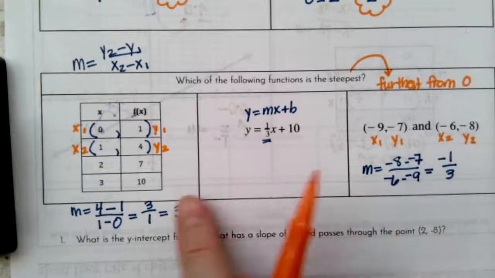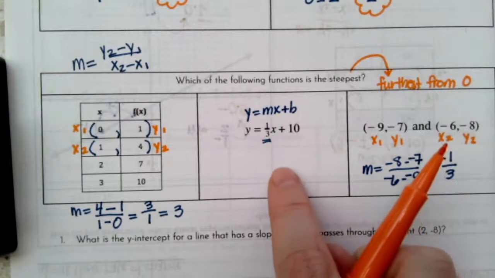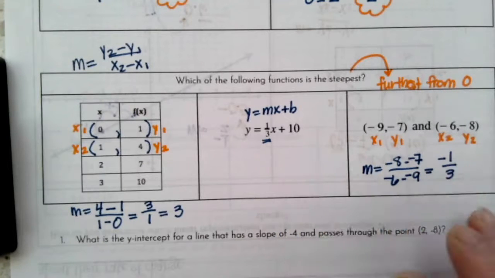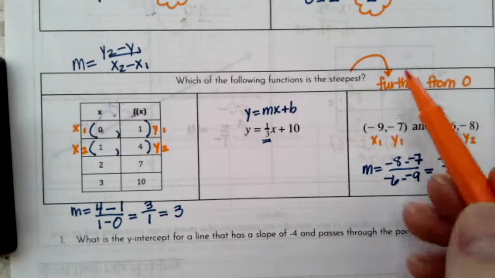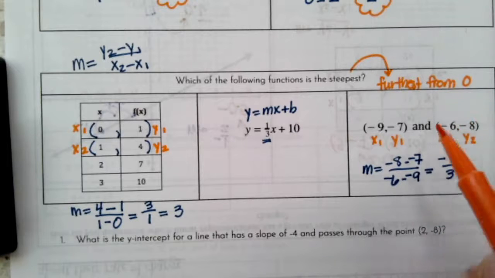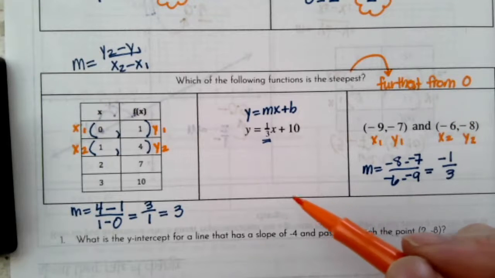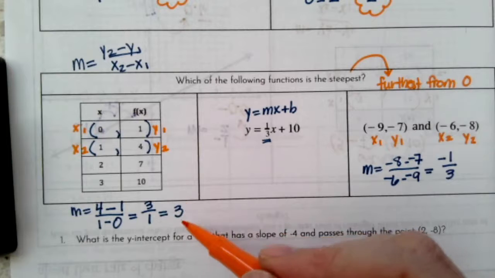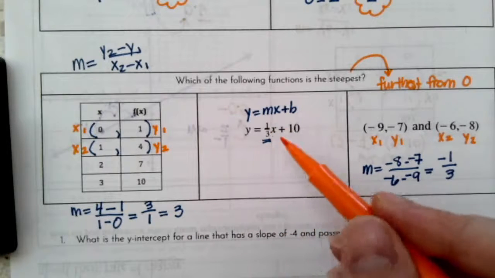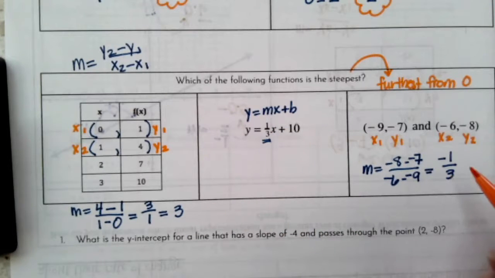The only one we didn't go through in here is a graph, and remember for graphs you count rise and then you count run.